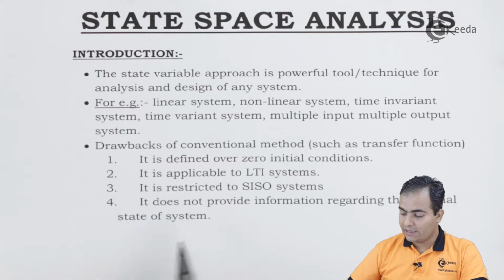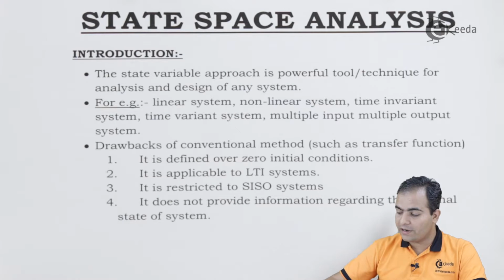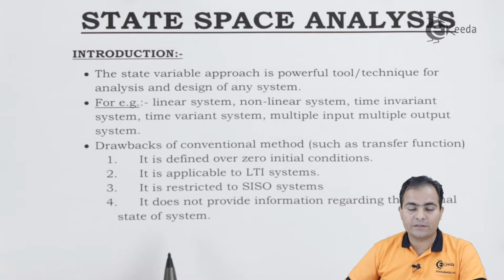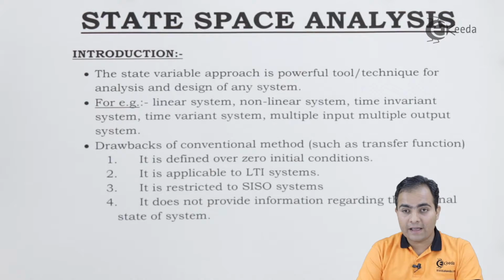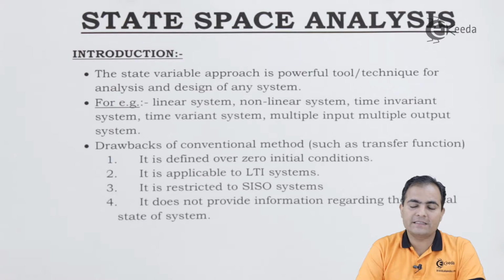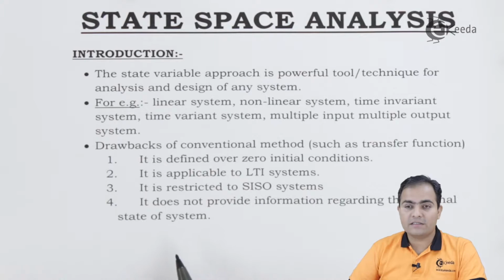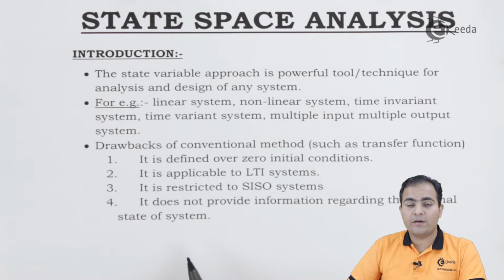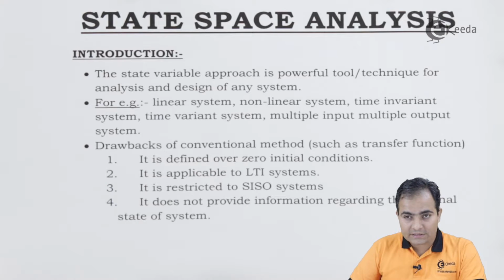And the last one, it does not provide information regarding the internal state of the system. It means we cannot identify what is happening inside the system using the transfer function, because the transfer function is the ratio of output to input, which means we don't know what is happening inside the system. So state space analysis is the approach by which we can get an idea about what is happening inside the system.